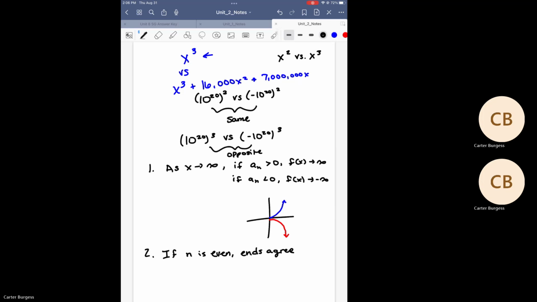That is to say, if our degree is even, then our function is going to be traveling in the same direction as its buddy. Whereas if the degrees are odd, in particular if n is odd, then the ends disagree and go off in opposite directions.